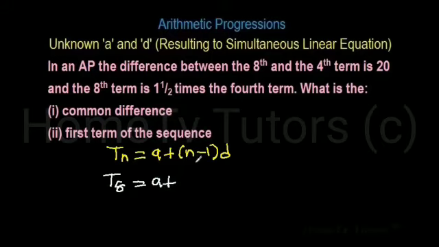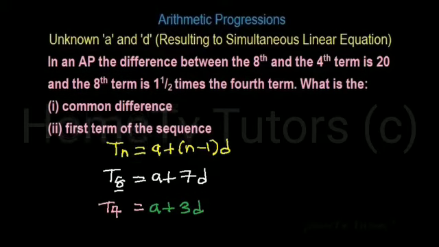Then for the nth term, in this case we're talking of 8, so 8 minus 1, that is 7 times d, so we have 7d. Then we go to the second term, which is the fourth term, so we have T4 equals a, the first term, still not given. Then for the nth term, which is 4 minus 1, we now have 3d.